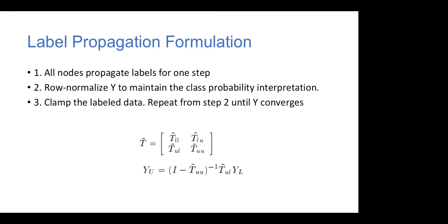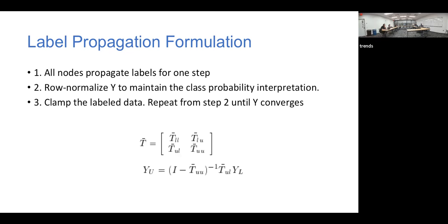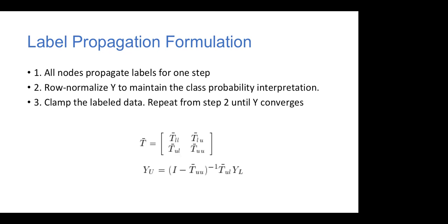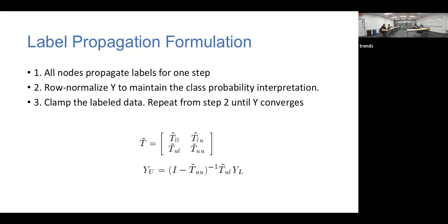Aren't you just doing the ratio between the unlabeled to unlabeled and unlabeled to labeled? Okay, I think I see. Yeah, that's all that's used. I'm just trying to wrap my head around why T bar is even built as a matrix then.